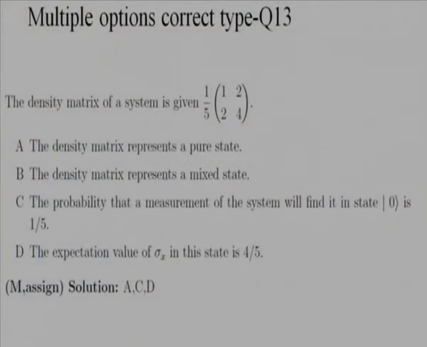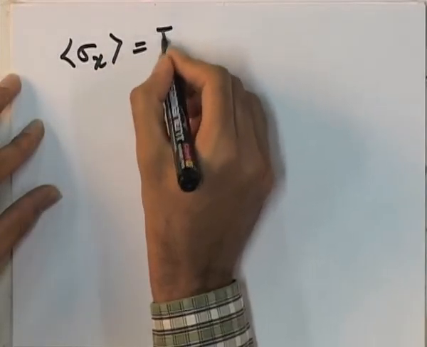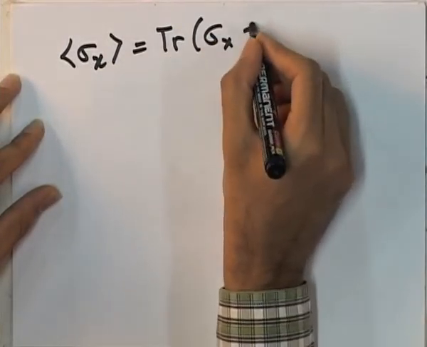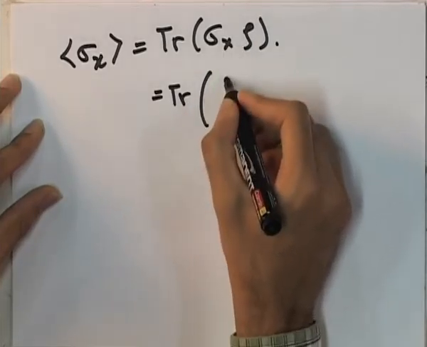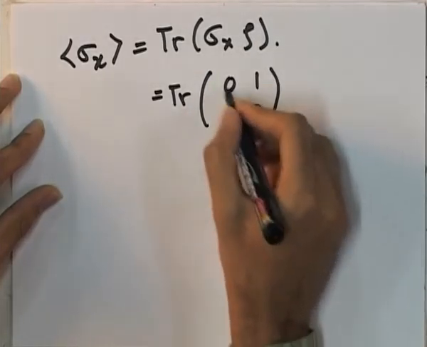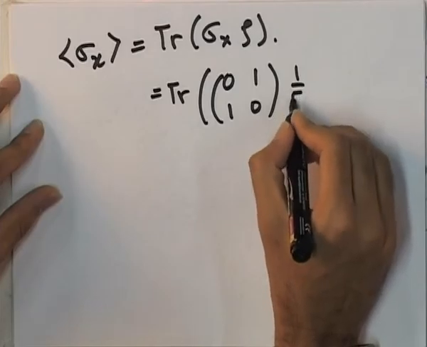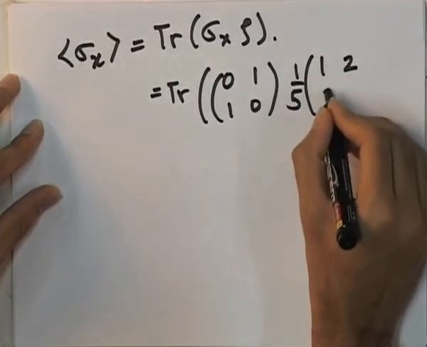Option D is, the expectation value of sigma x in this state is 4 by 5. As we have checked previously, the expectation value of any operator is just the trace of the product of that operator with the density matrix. Hence, the expectation value of sigma x is the trace of sigma x times rho, where sigma x is [0, 1; 1, 0] and rho is 1 by 5 times [1, 2; 2, 4].